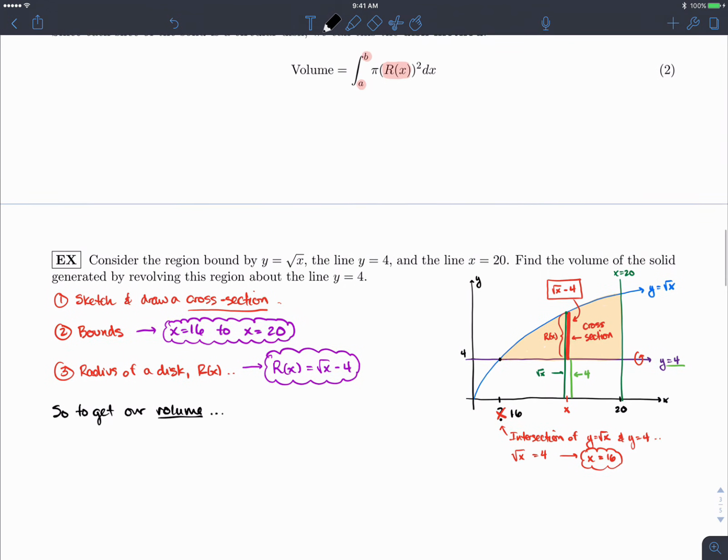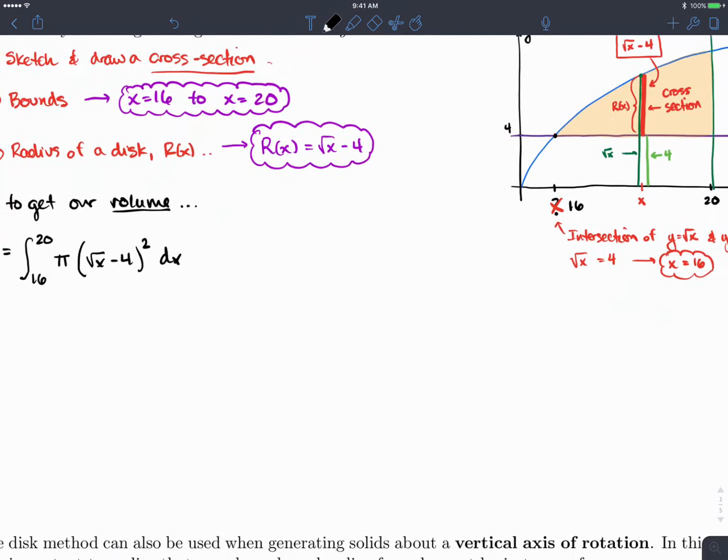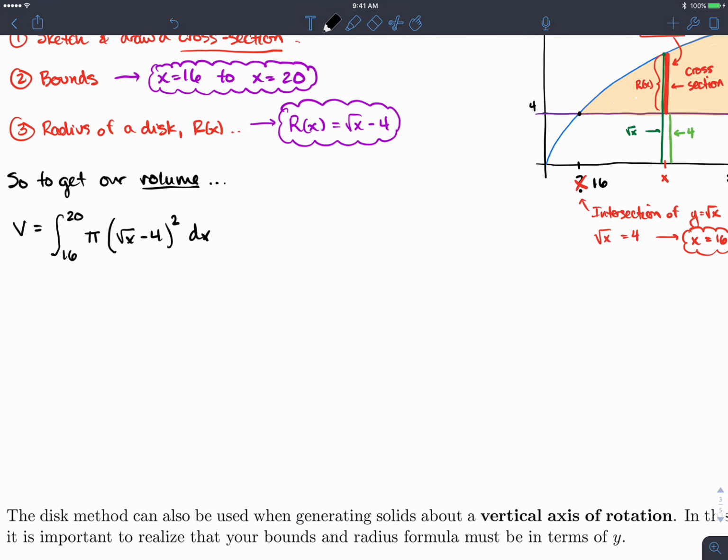So V is equal to the integral, in this case from 16 to 20, pi times, now in this case our radius is the square root of x minus 4, which we then square, and we're going to integrate that with respect to x. All right, now in some cases you might just be asked to set up an integral. There it is. The integral for volume has been set up.